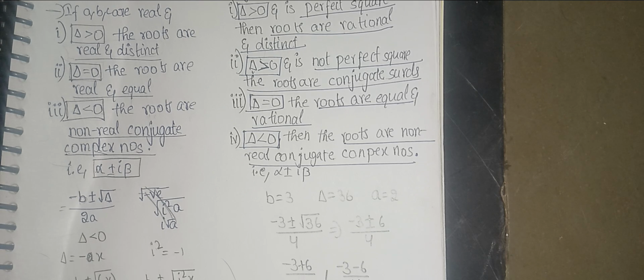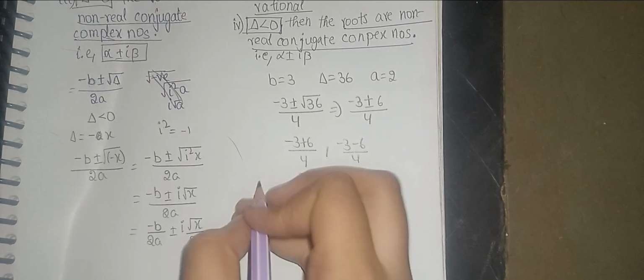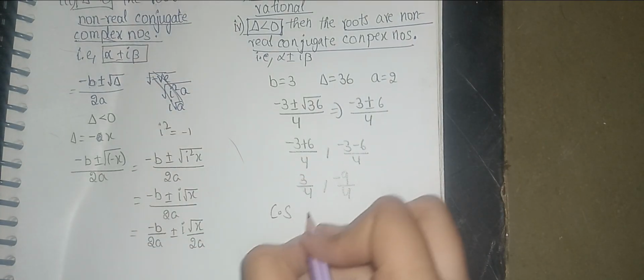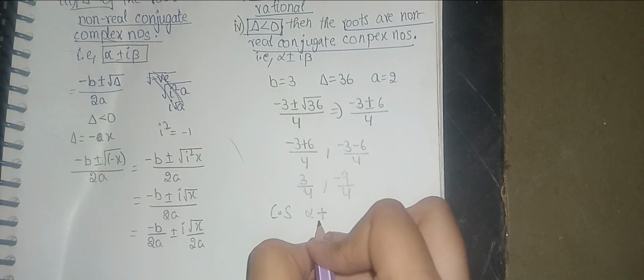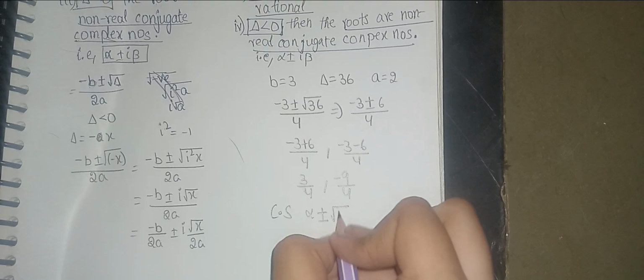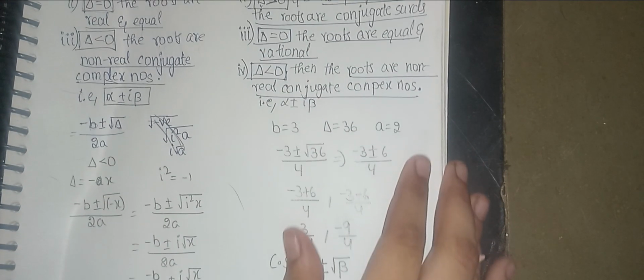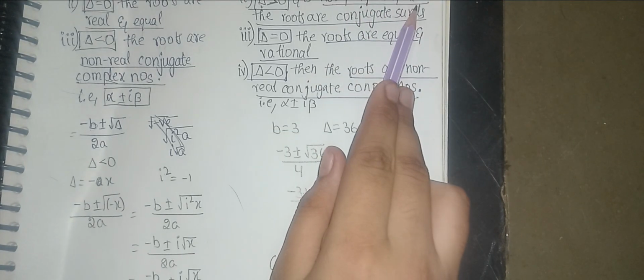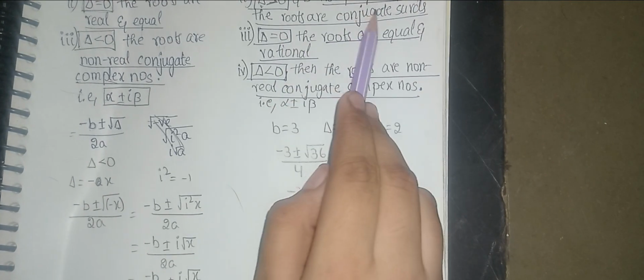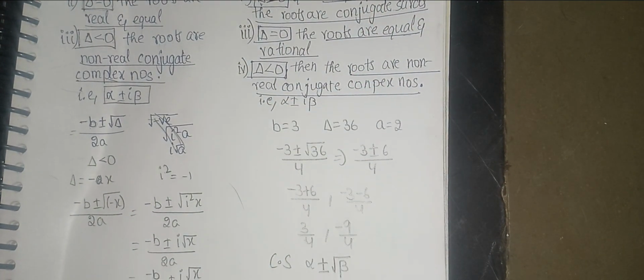Conjugate surds means anything in the form of alpha plus or minus root beta. If they are not perfect squares, the roots are conjugate surds. We'll just see it.